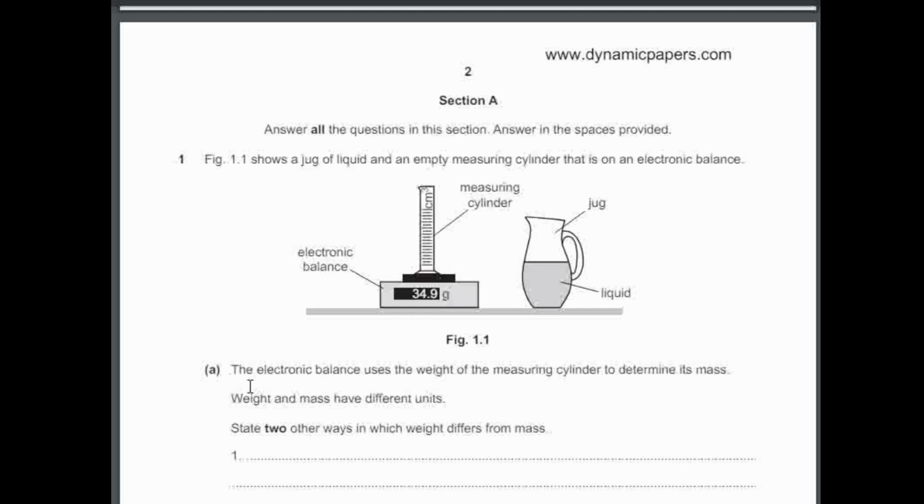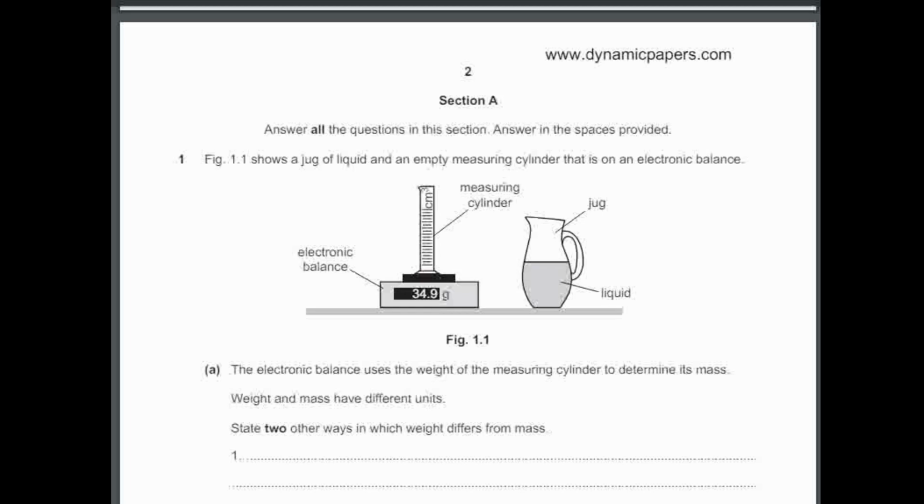The electronic balance uses the weight of the measuring cylinder to determine its mass. Weight and mass have different units. Weight is measured in newtons and mass is measured in kilograms. Question is, state two other ways in which weight differs from mass.